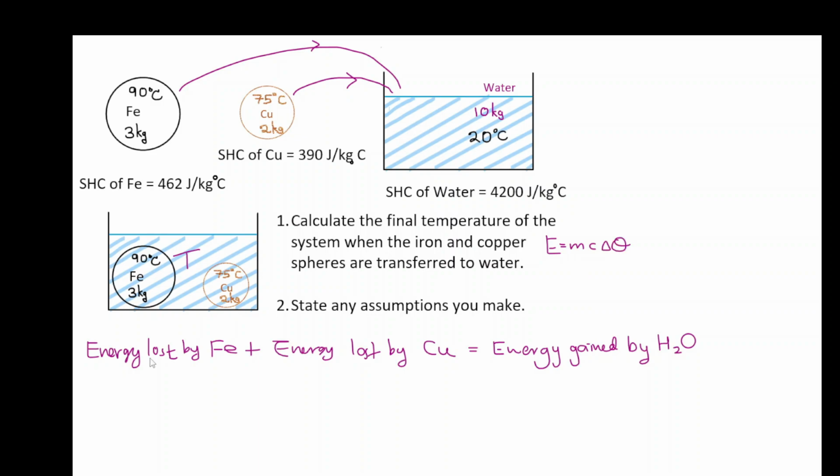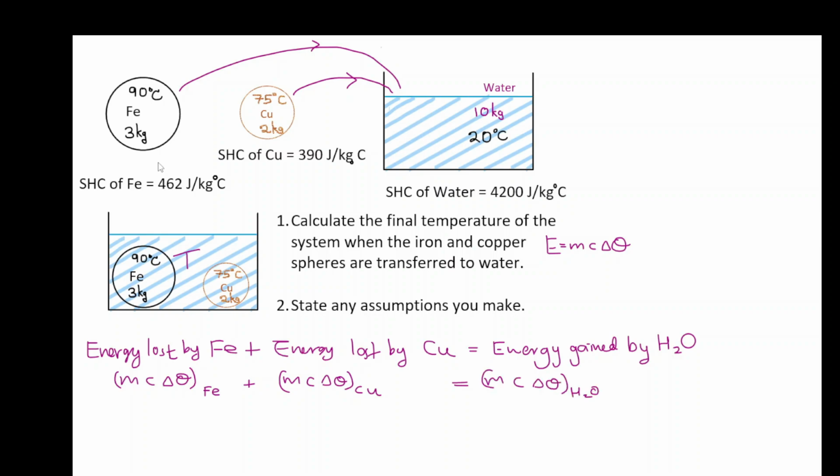So, energy lost by iron will be mc delta theta iron plus mc delta theta copper is equal to mc delta theta water.